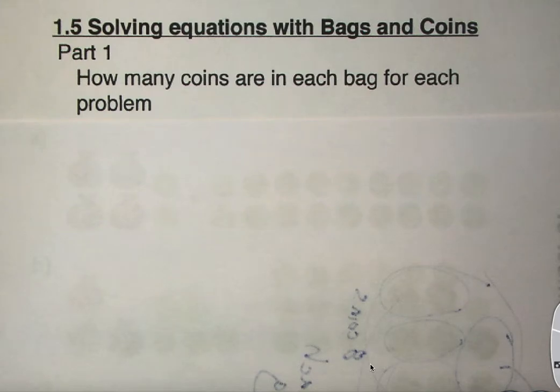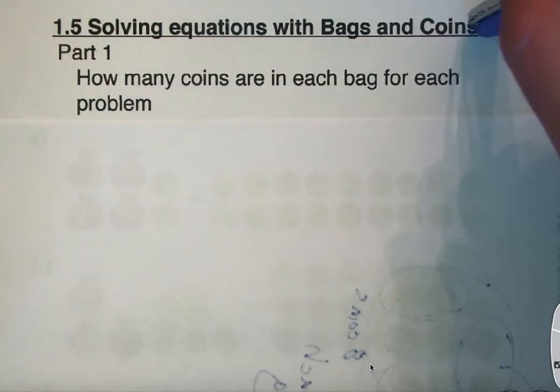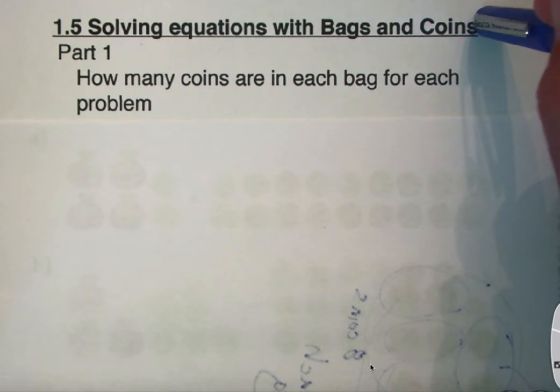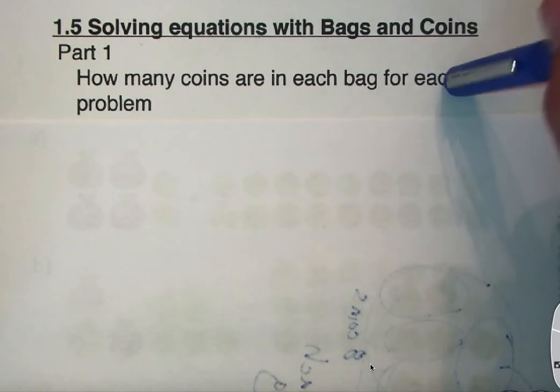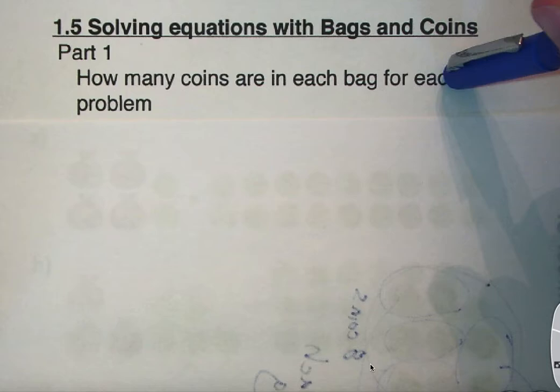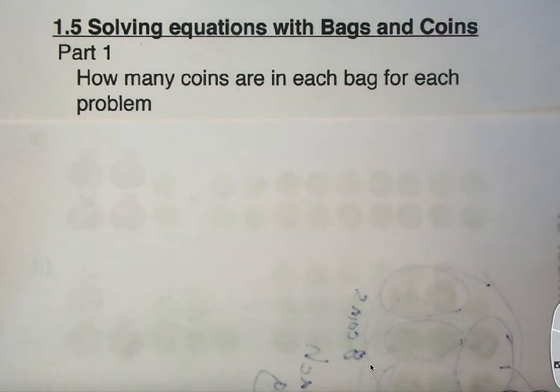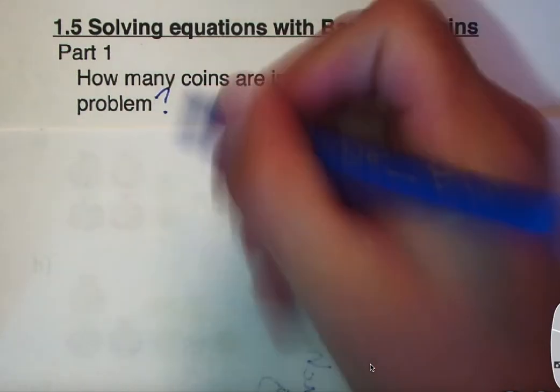So inside your notebooks, or maybe you've printed these handouts out, this is 1.5, Solving Equations with Bags and Coins, Part 1. So give yourself this heading if you're doing your notebook. You don't need to write down the question.